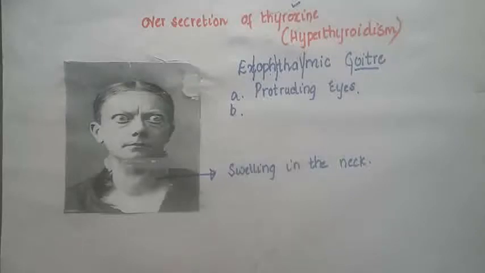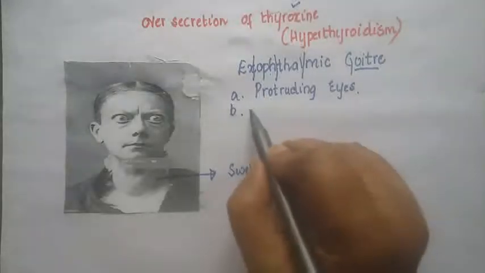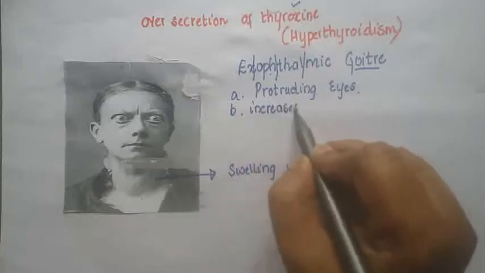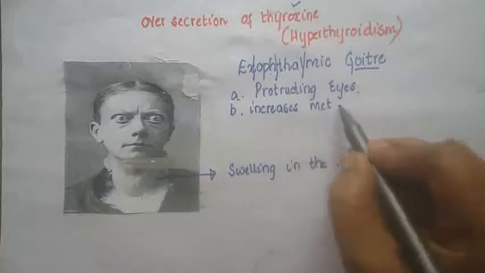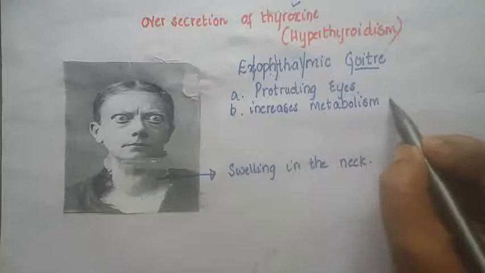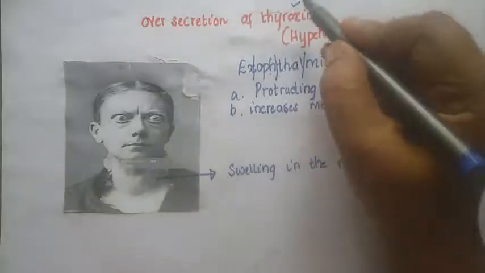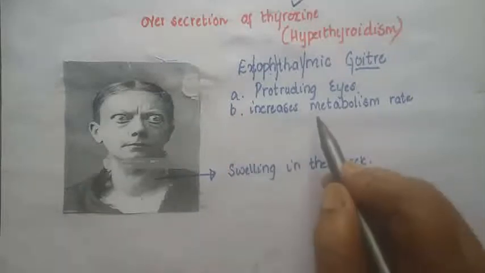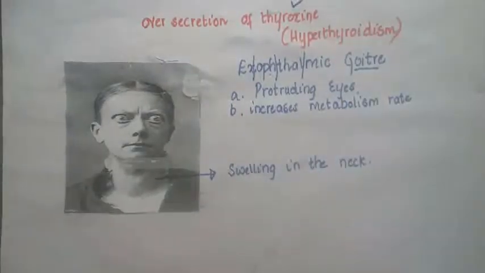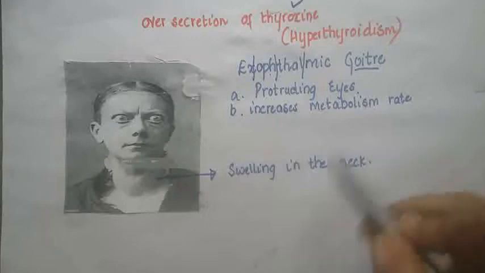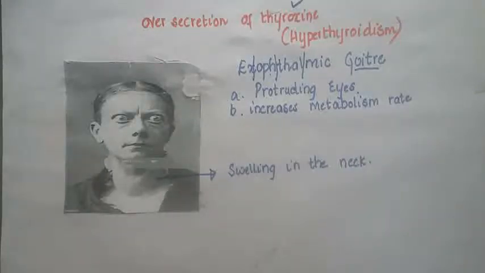So it increases the metabolic rate. The cellular respiration rate is increased in the body because of the over secretion of thyroxine. So the second symptom of exophthalmic goiter is that it increases the metabolism, or the basal metabolic rate.